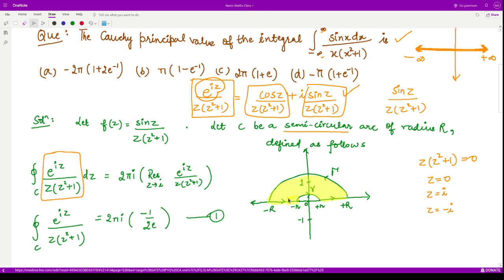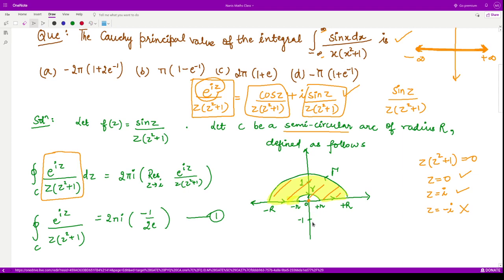Now, if you take the whole semicircular region, this point would obviously come into the semicircular path, and this is also present in the region, but this singularity is not present in the region. Why?